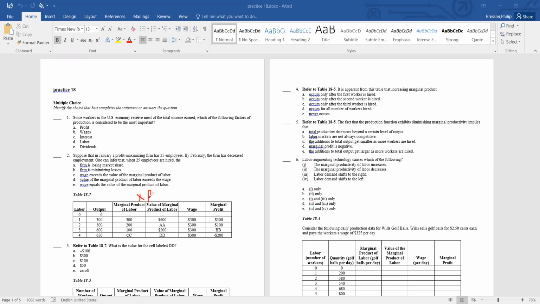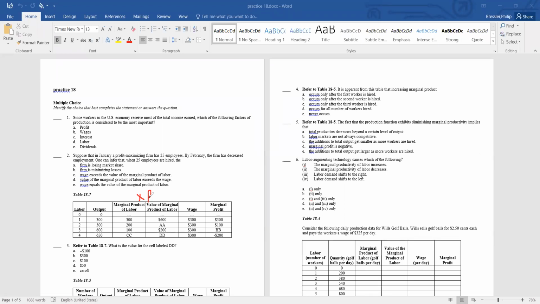All right. And the last one to figure out on this chart is profit, which is the MRP, or the value of marginal product of labor, minus wage. So if for the third unit, it's 200 minus 300. So BB would be a minus 100. Now let's just look at what they asked.